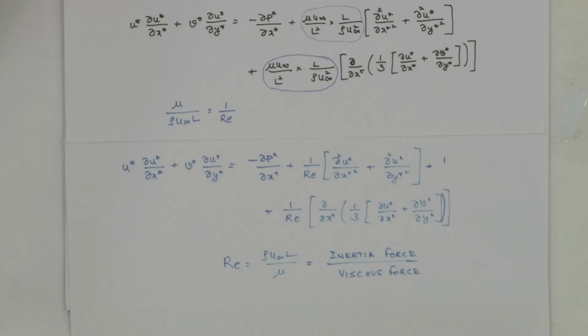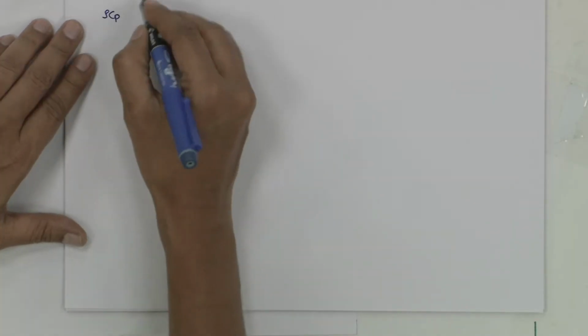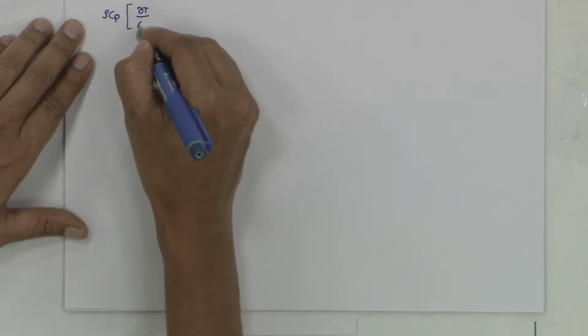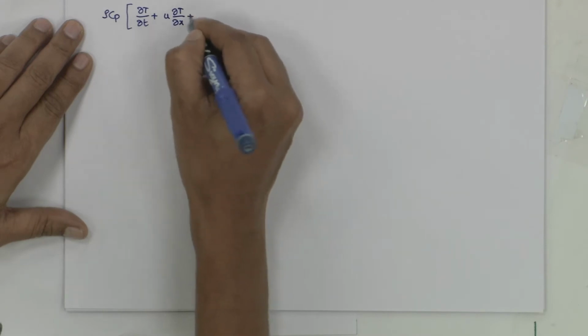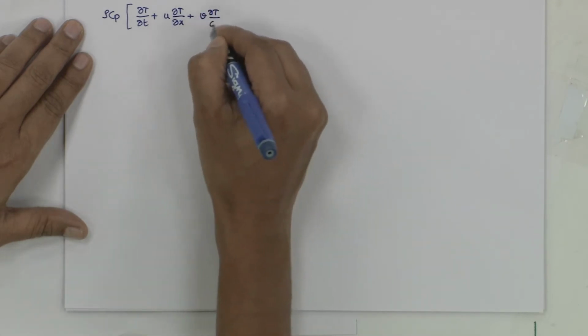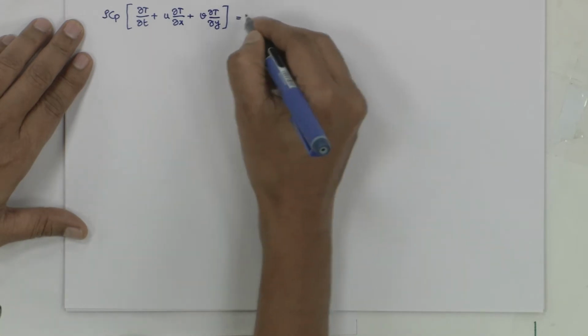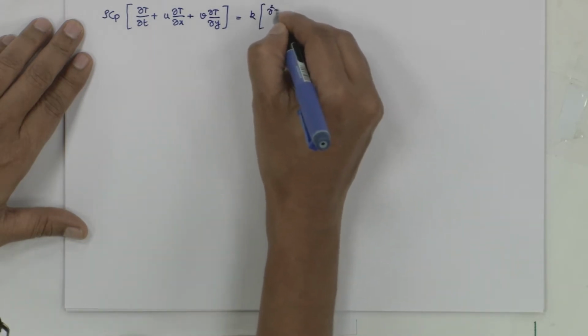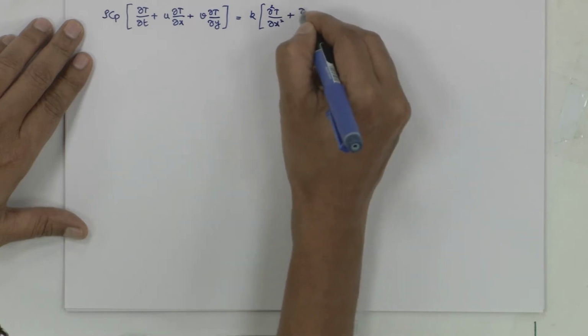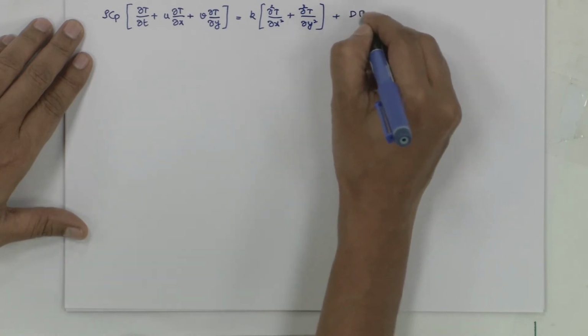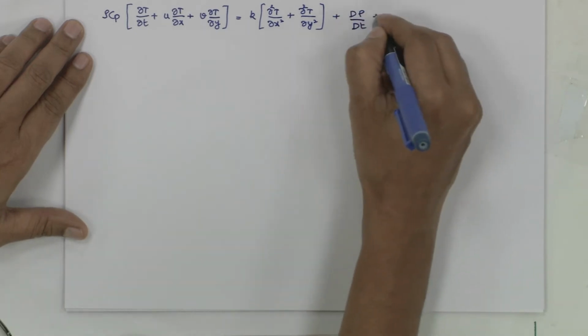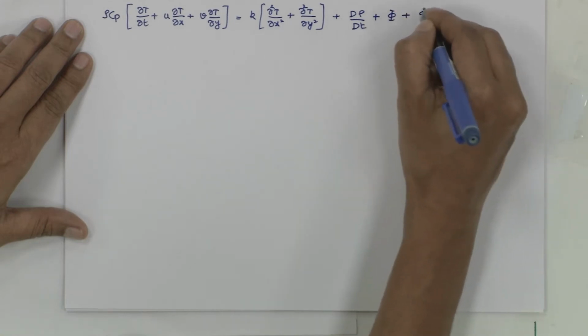So in the energy equation, what is our energy equation? Let's write that energy equation. So I have rho Cp (del T by del t plus U del T by del X plus V del T by del Y) is equal to K (del squared T by del X squared plus del squared T by del Y squared) plus dP by dt plus phi plus volumetric heat generation.